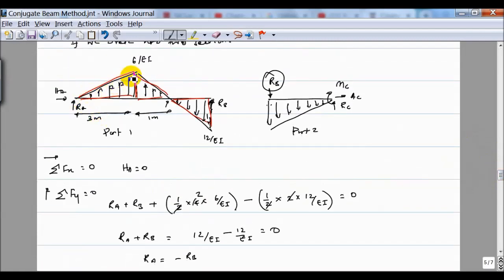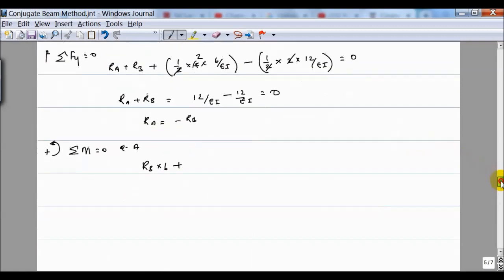If you take the first area, it is half into 3 into 6 over EI, and its effect is acting at 2/3 distance from point A. So the force is half into 3 into 6 over EI, that is the load, and the effect of that is at 2 meters.